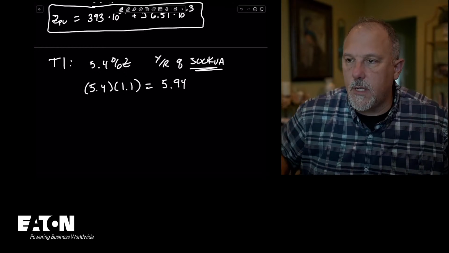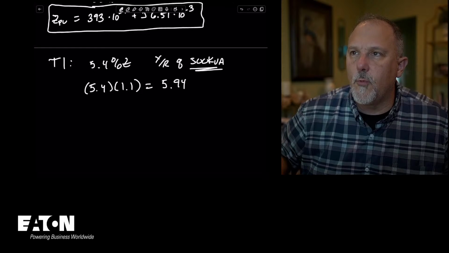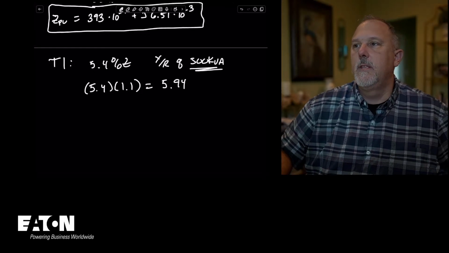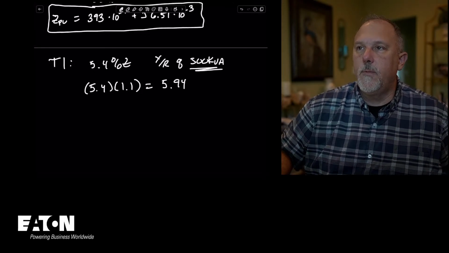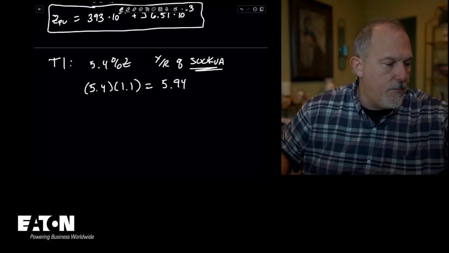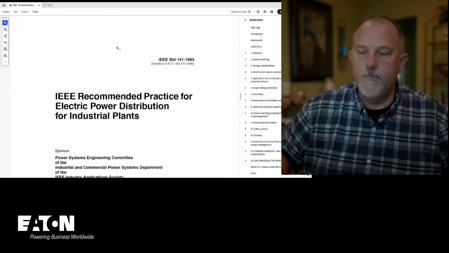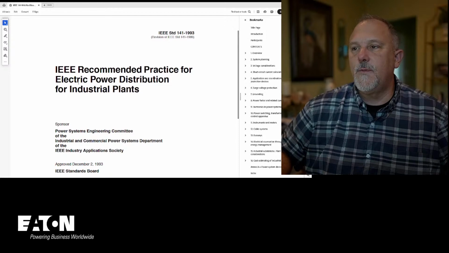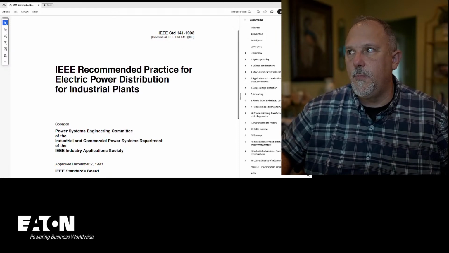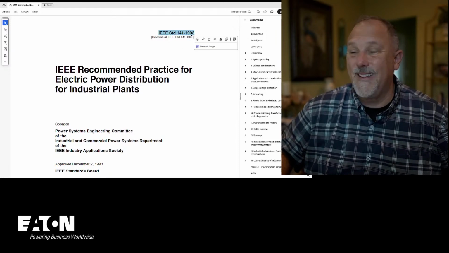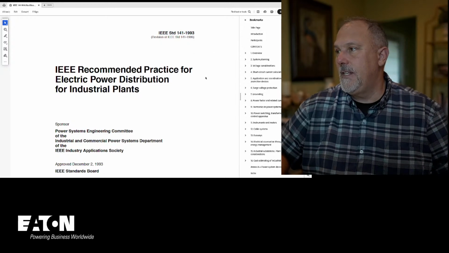So let's go to the color books. I'm going to go to the red book. I am opening the red book. The red book is the recommended practice for electric power distribution for industrial plants. I'm using the 1993 edition.